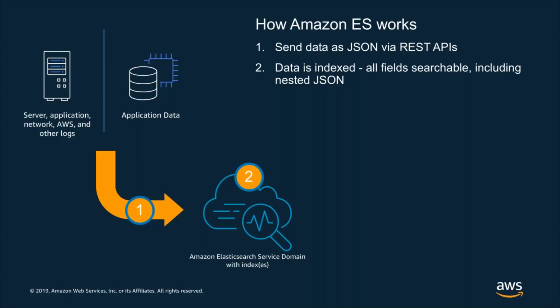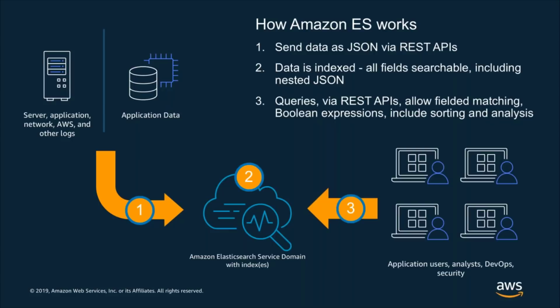So Elasticsearch as a search engine provides you search across fielded data that's formatted sort of lightly as JSON. And all of the fields are searchable. Queries come in on the other end.